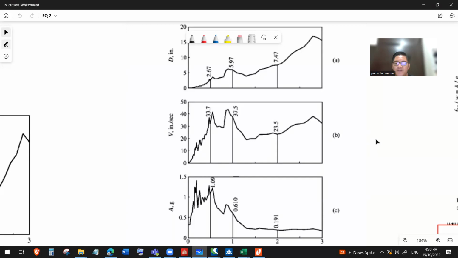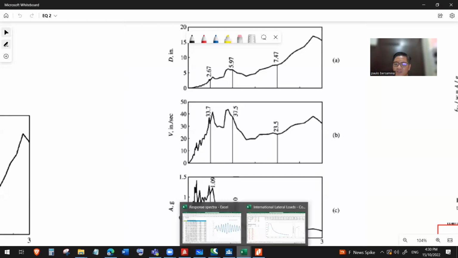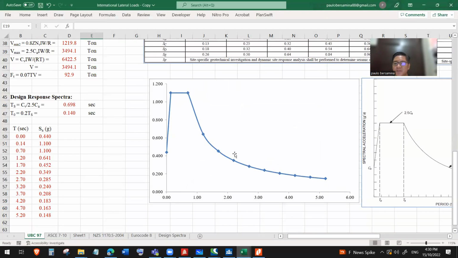Okay? So again, 0.3G lang si El Centro, but you will notice that the spectral acceleration that you will derive is more than 1G. In fact, ito nga, almost 1.1G ito. Okay? 1.09G, which is almost the same na rin dito sa response spectra natin as per code base. 1.1G.